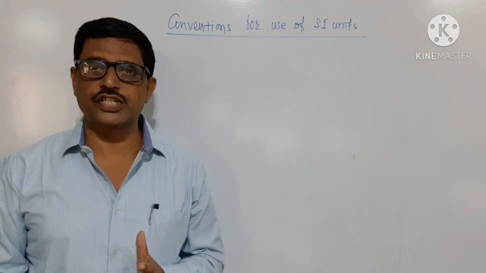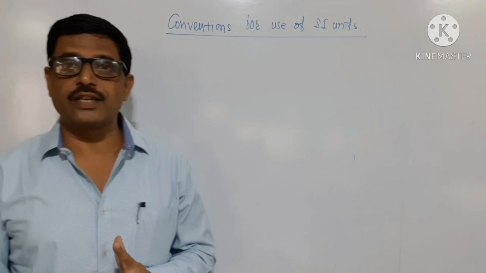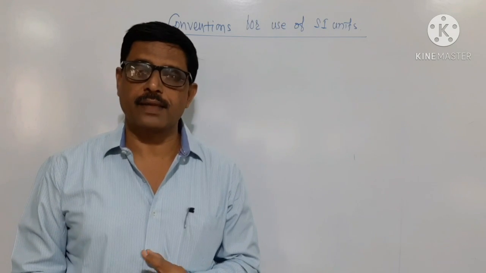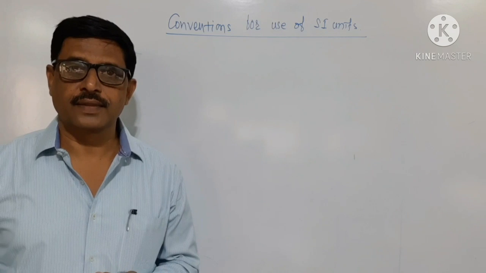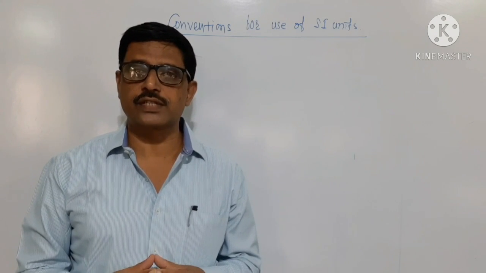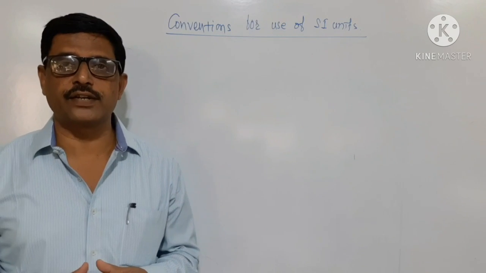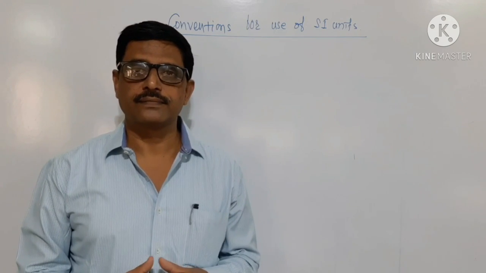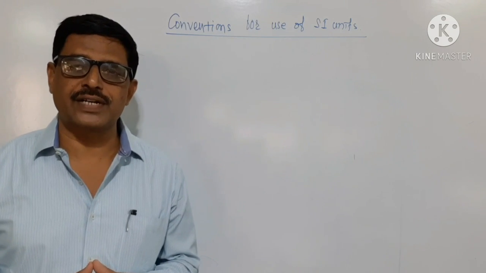One is the CGS system of units, the other is the MKS system of units, the third one is the FPS system of units. But the last one, the SI system of units, which was governed by the General Conference of Measures and Units, is popular and widely used in the universe.